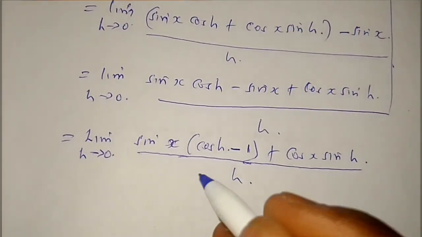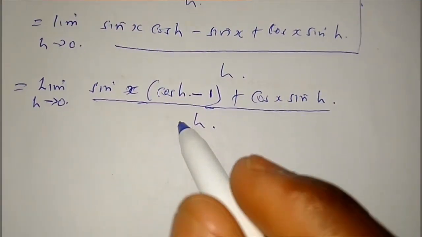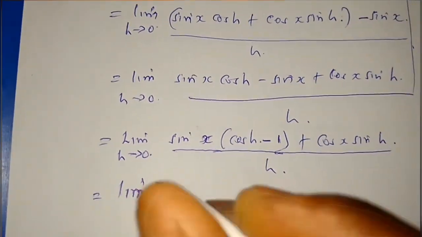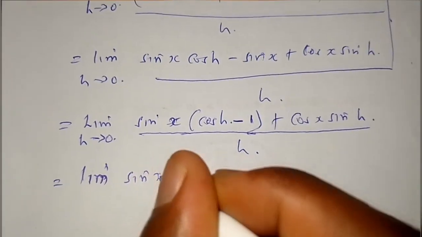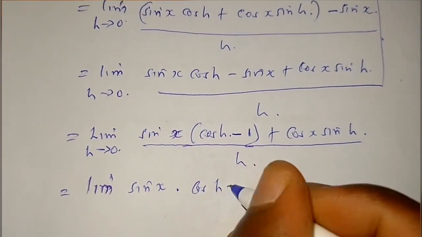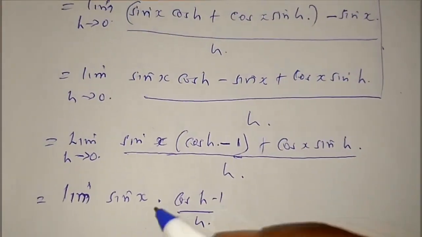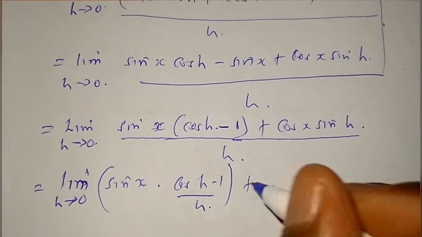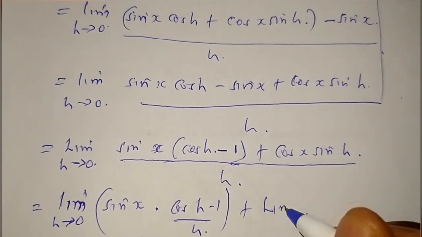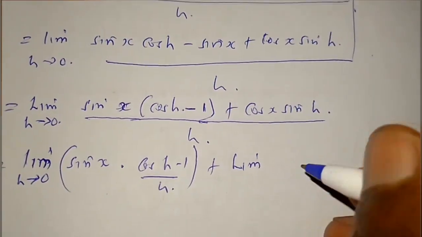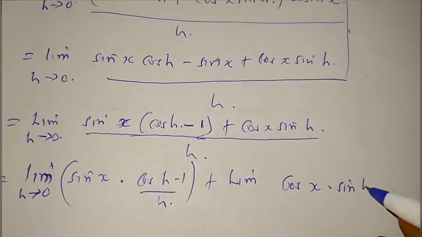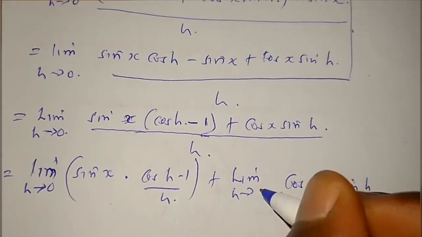Okay, this one we can split and write that the limit of sine x dot cos h minus 1 over h, h tends to 0, plus the limit of cos x dot sine h over h, then h tends to 0.